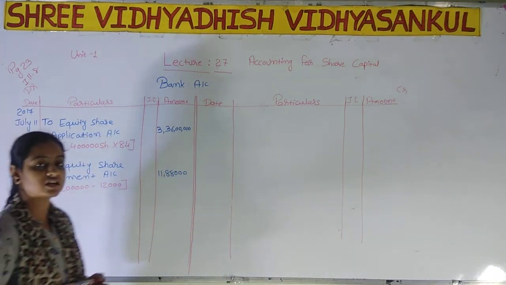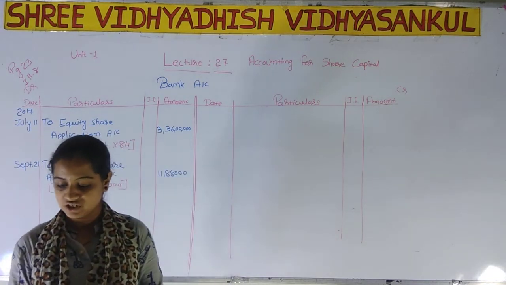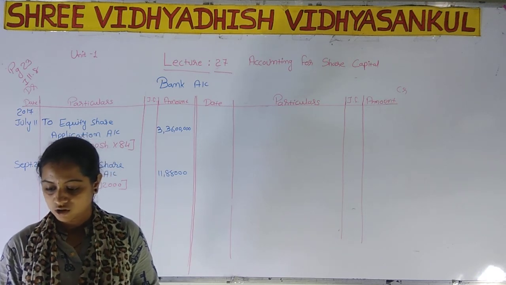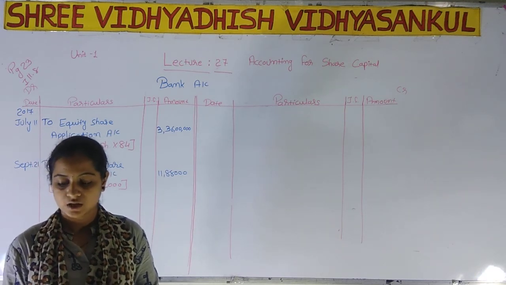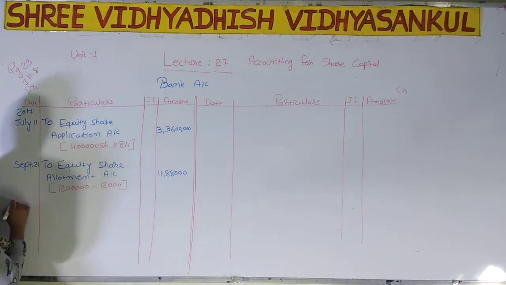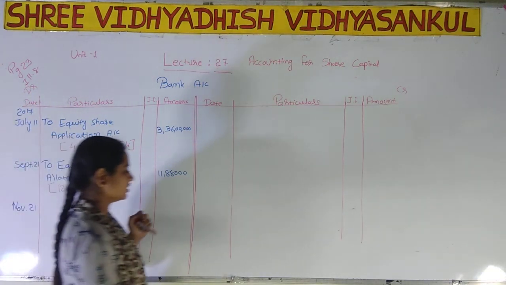Next, the next entry will be for receiving final call money. See, on which date we have received final call amount? On 21st November, right? So in the column of date we have to write November 21st. What will be the journal entry?